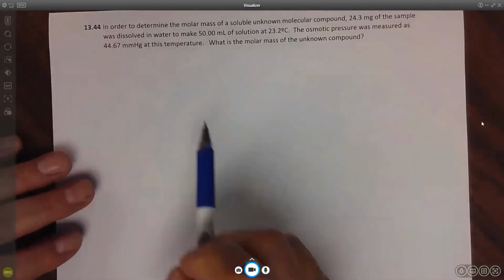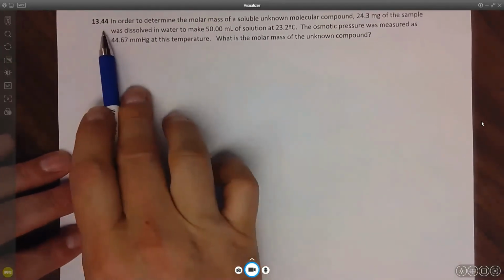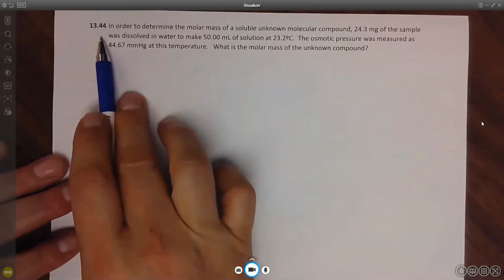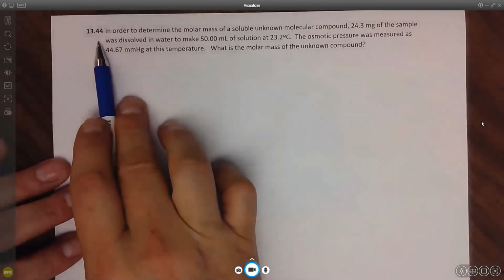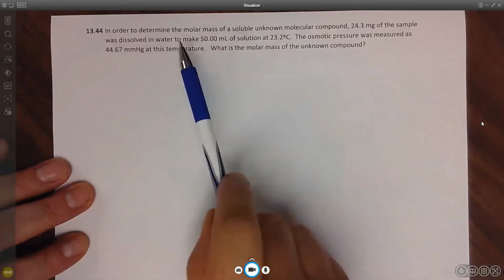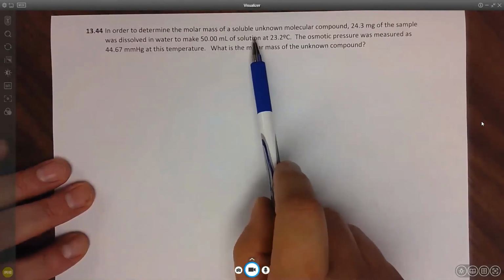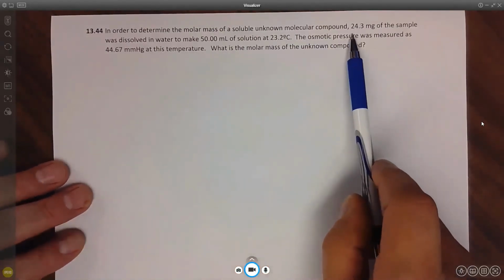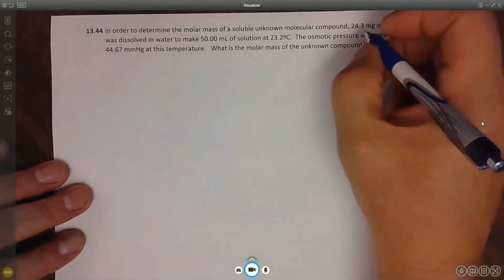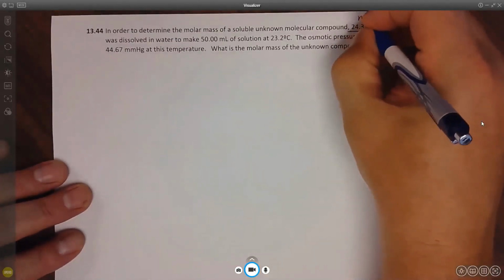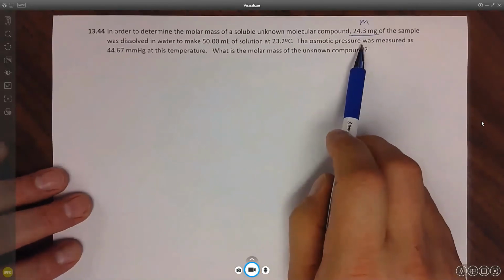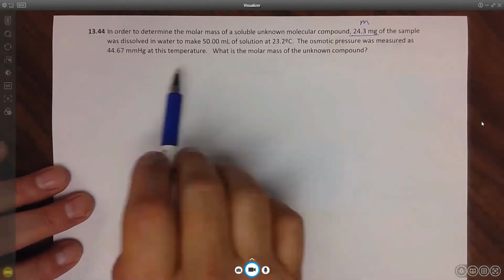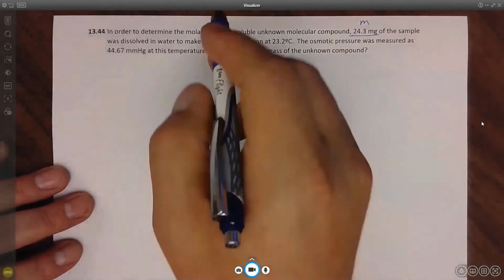So it says, in order to determine, so this is number 44 from chapter 13. Again, these are the homework problems posted on Canvas. It says, in order to determine the molar mass of a soluble unknown molecular compound, 24.3 milligrams, so this is our mass, 24.3 milligrams of the sample was dissolved in water to make 50 milliliters.